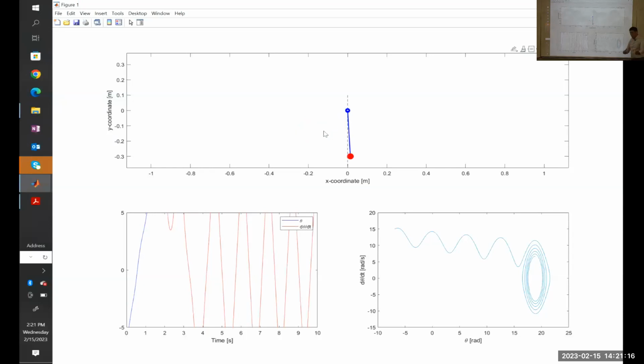What is the difference with what we had before? What can you tell? Takes a lot more time to converge to the equilibrium point.